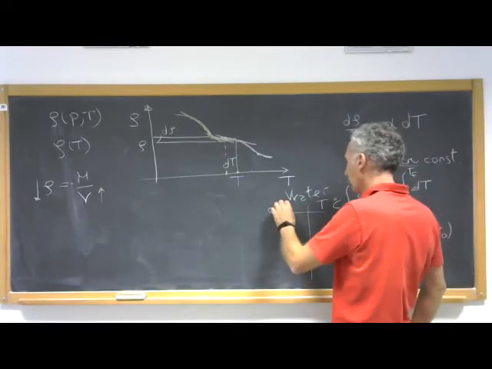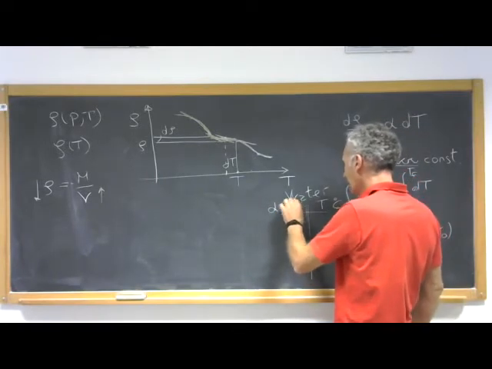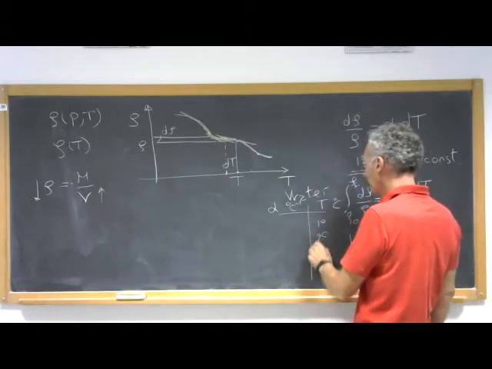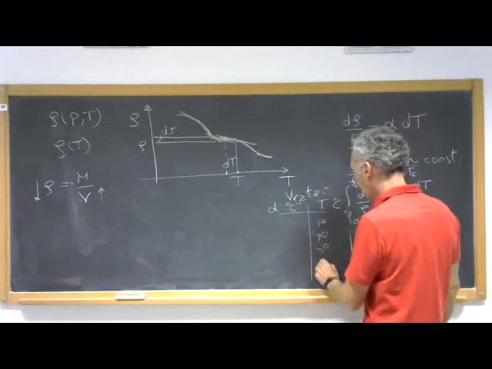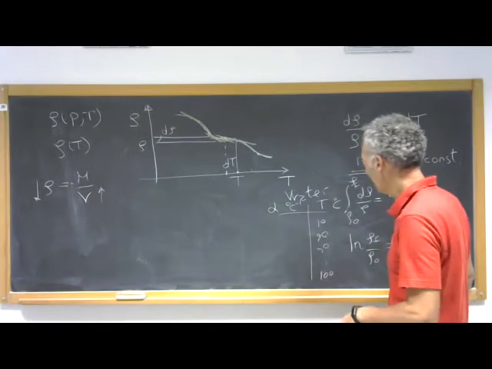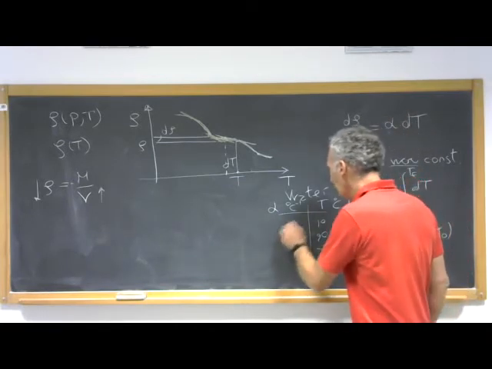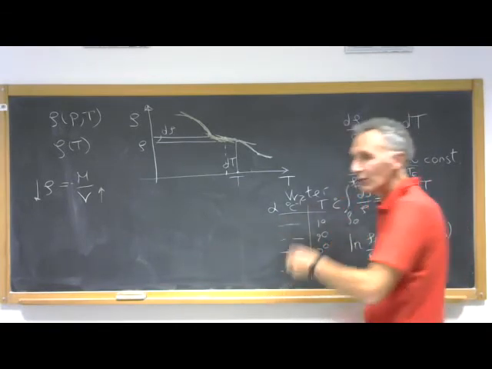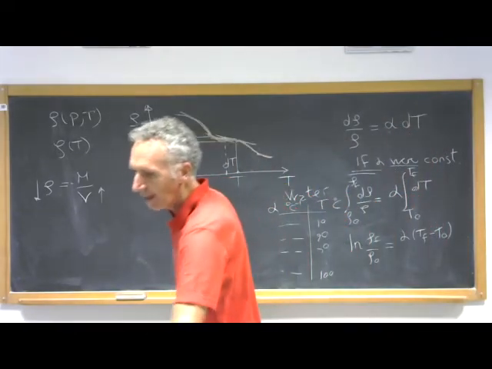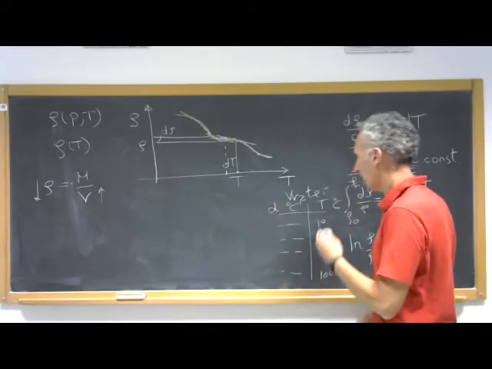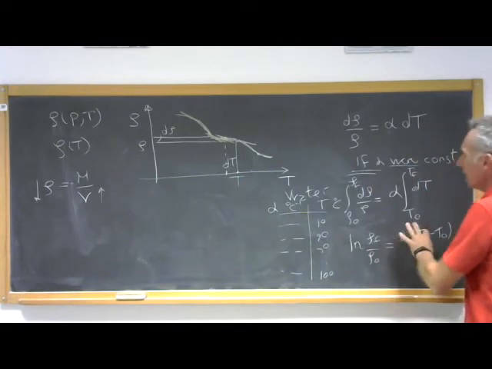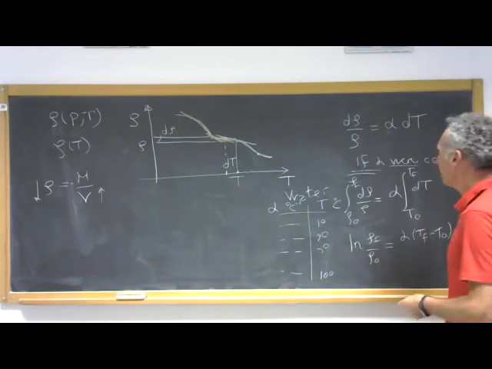So for example, this could be Celsius degrees to the minus 1, and then you have here, say, 10, 20, 30, of course up to 100, because above 100 you have a phase transition, and here you have some numbers. Now I don't remember the numbers by heart, so I'm not putting any number. However, you can take them from any table or on the web. So this is usually the behavior you have for liquids.